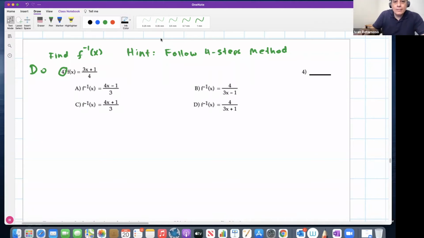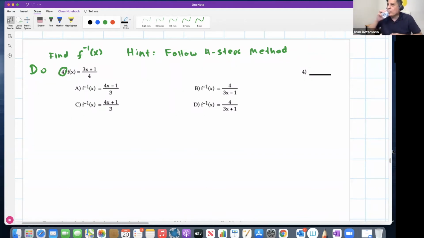Yeah, there are some comments there. Very good, very good. Let me see. Follow the 4 steps, guys, and then that should tell you, right? Sometimes it may not be obvious. Very good, Gabriela, very good. Yeah, follow the 4 steps, and then we should be fine.